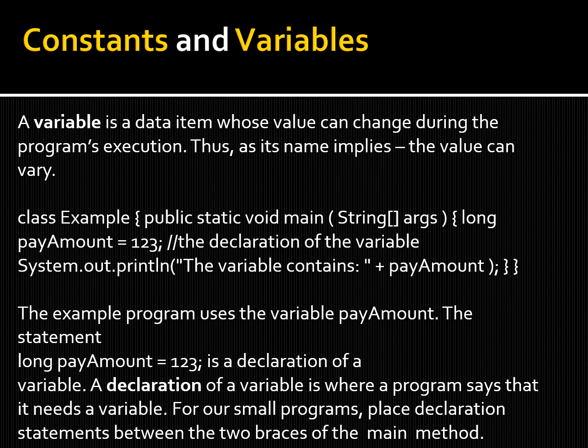The example program uses a variable pay amount. The statement long pay amount = 123 is a declaration of a variable. So, a declaration of a variable is where a program says that it needs a variable. For small programs, place the declaration statement between the two braces of the main method.